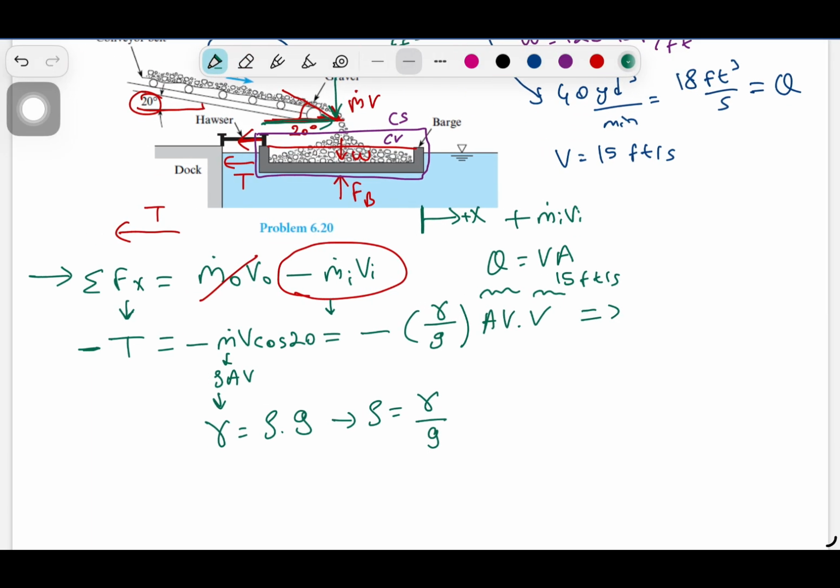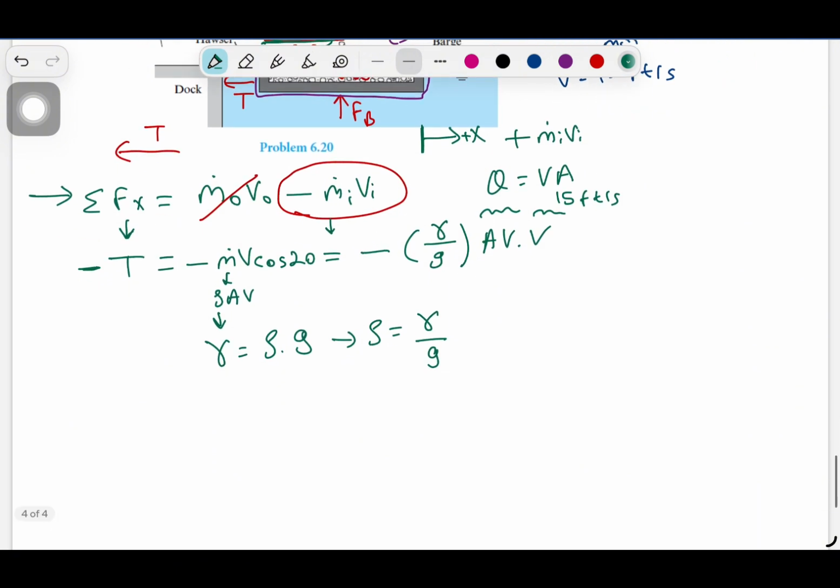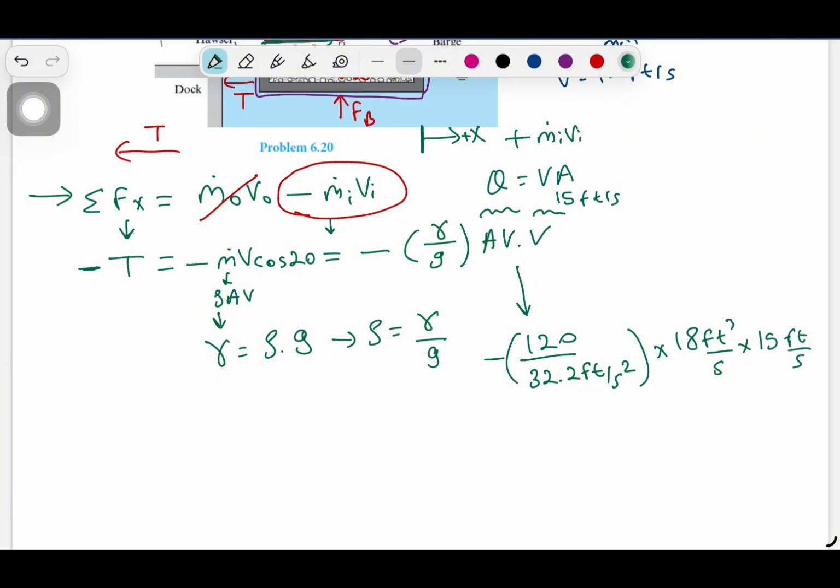So this is going to be minus, actually let me write it here. We have Q, which is 18 cubic feet per second, times 15 feet per second.